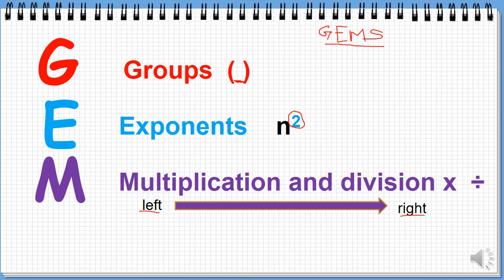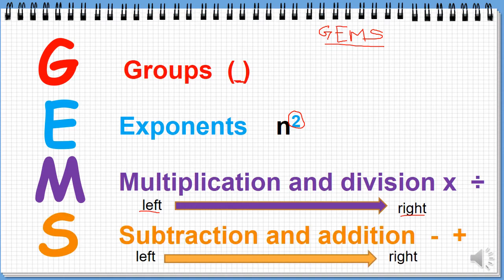Think of multiplication and division as one group, one set. You work from left to right. And the S stands for subtraction and addition. In the same way multiplication and division is a group, it's not that you look for subtraction and then you do the addition. Think of them together, and any subtraction and addition that you have, you just move from left to right. All right?